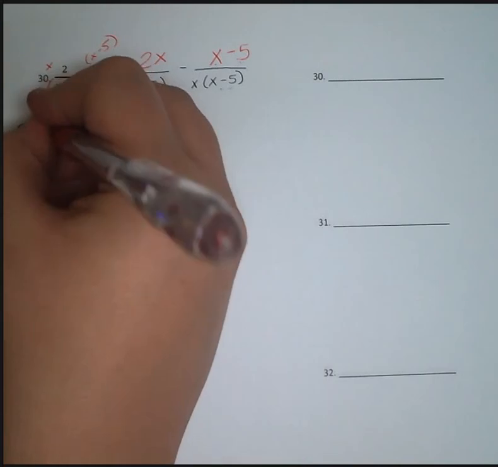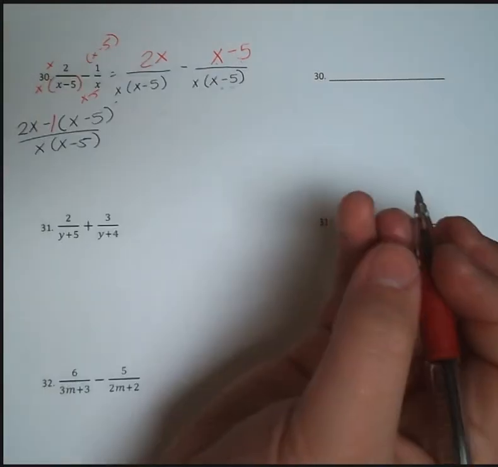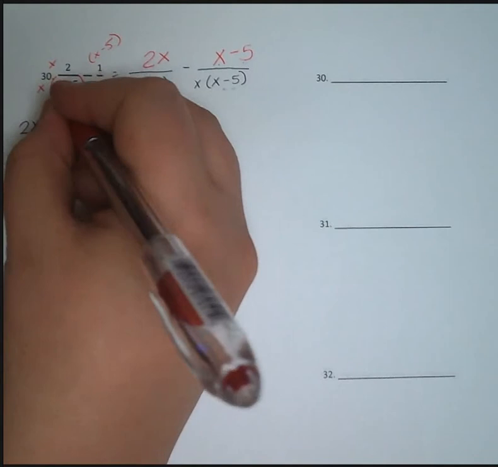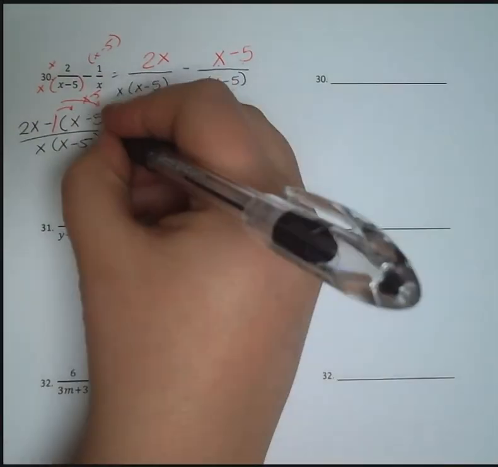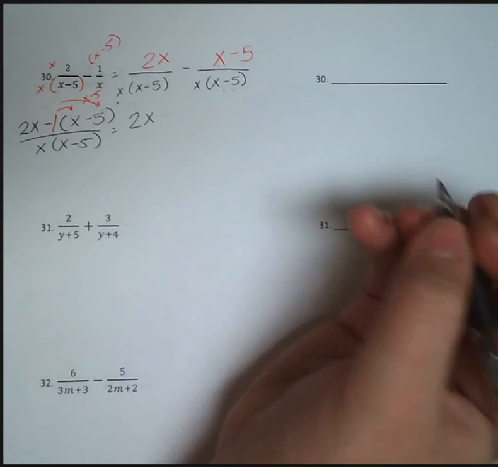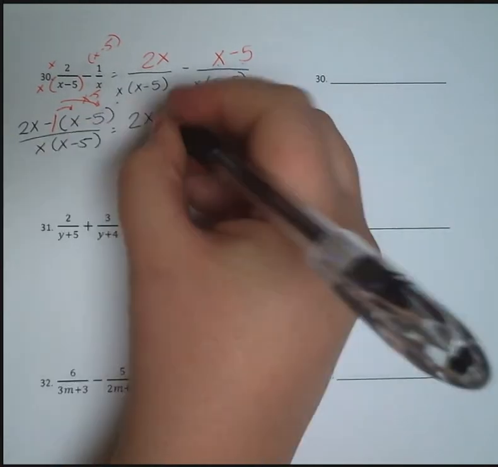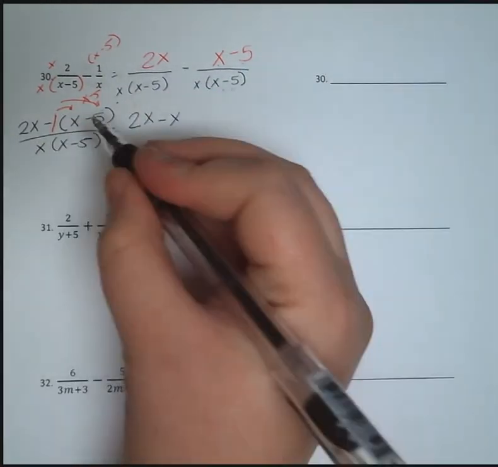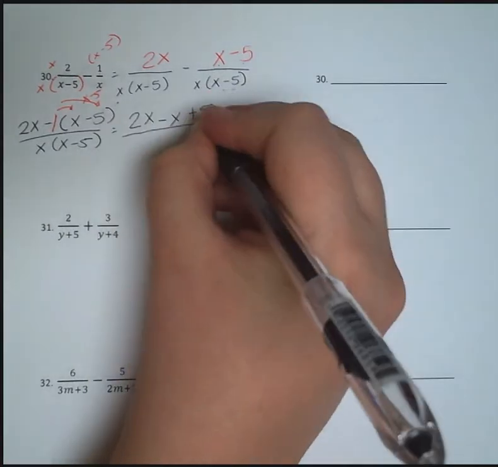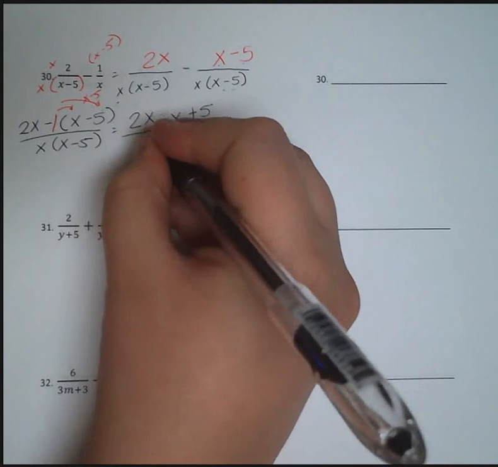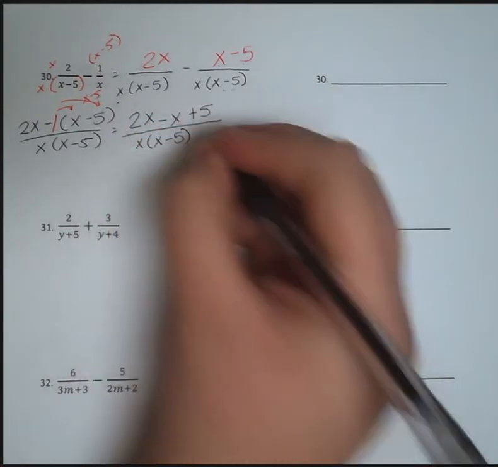It's an understood negative 1. So we're going to distribute. So we have 2x. Negative 1 times x is negative x. Negative 1 times negative 5 is 5. Leave your denominator of x times x minus 5.